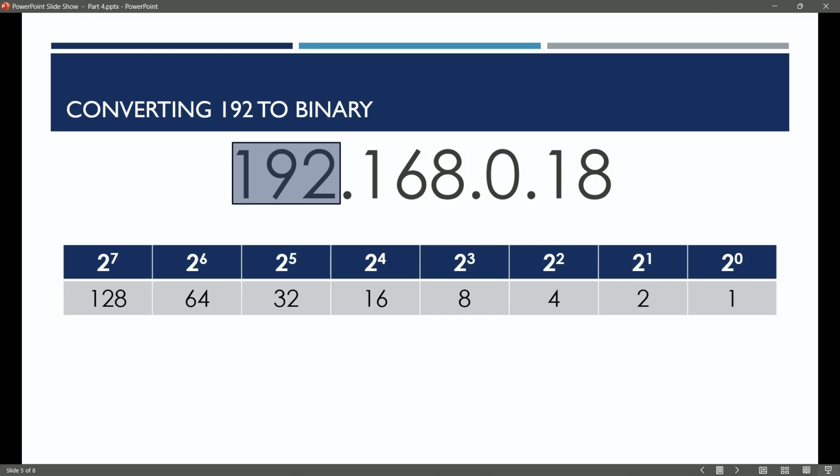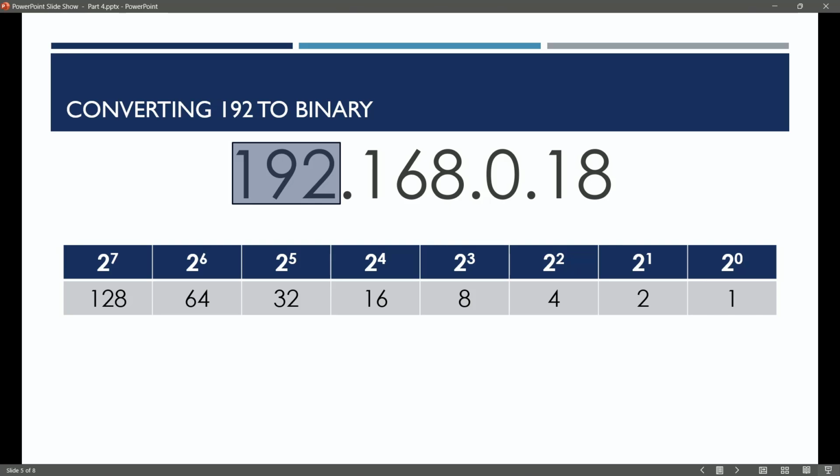Now let's see how we would use it in order to convert 192 to binary. The first thing we do is very simple. We look at that far leftmost bit position, the one that would have a value of 128, and we simply ask ourselves, can we subtract 128 from 192 and not have a negative number?